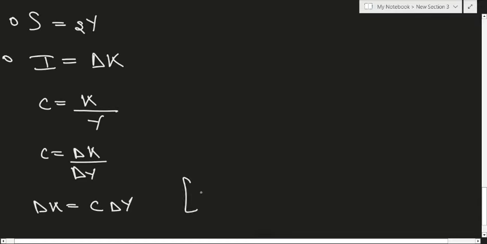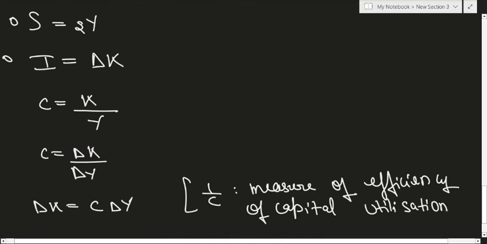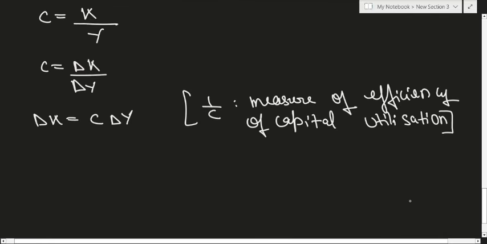Now here we can say that 1 upon C is the measure of efficiency of capital utilization.